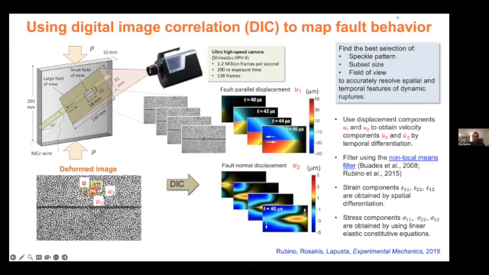Now, what we do with these displacement fields, most importantly, is that we differentiate them spatially to get strain fields, or temporally in order to get the particle velocities. And we will be showing a lot of them later. But then using constitutive properties, we can get stresses out of strains. And from stresses on the interface, we can get friction, which is one of the key quantities that we want to study with these measurements.